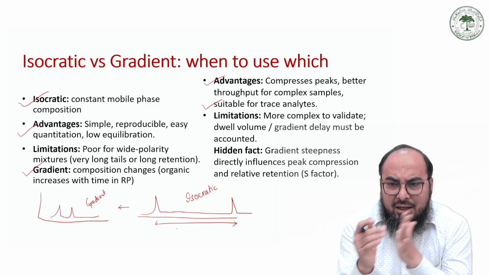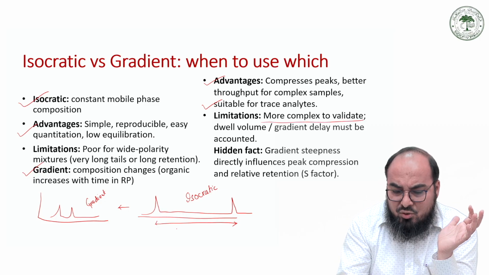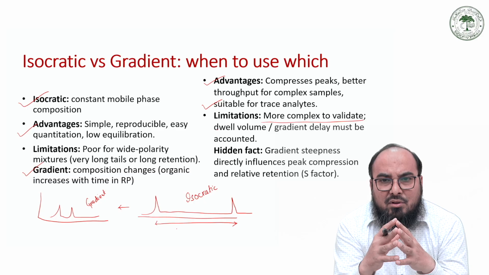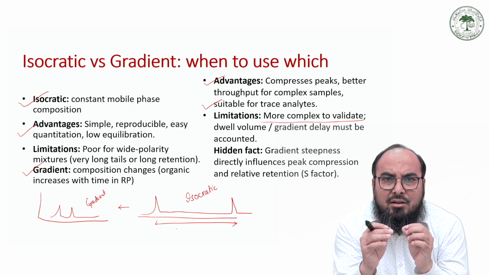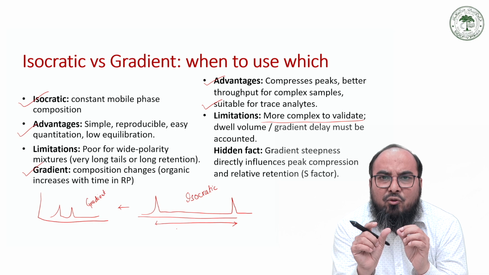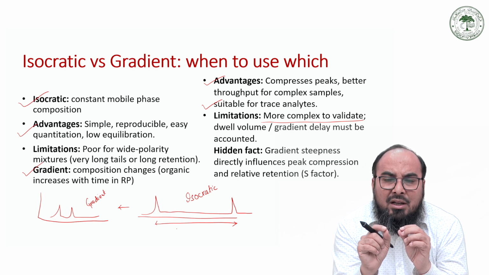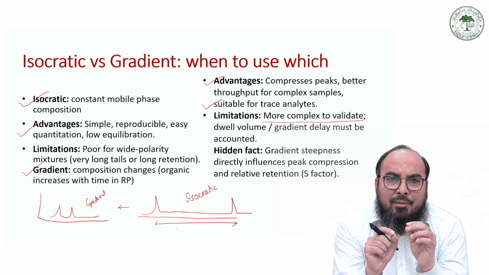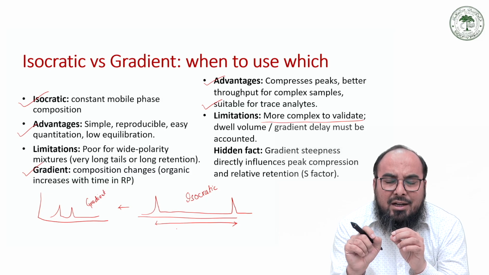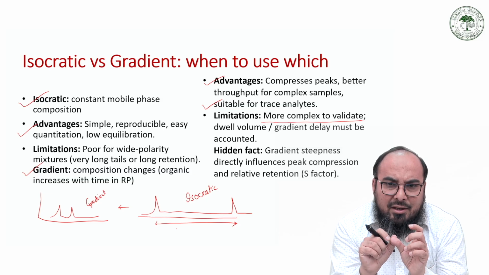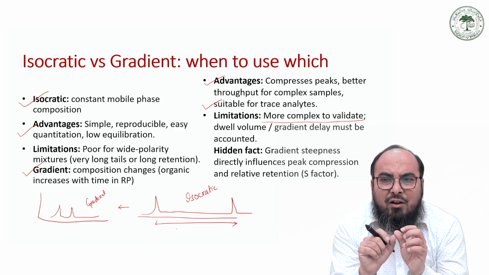But the limitation is that it is more complex to validate, and you have a dwell volume. Sometimes dwell volume also comes into play. That dwell volume is the volume of the mobile phase from the point of insertion of the mobile phase up to the point where it reaches the column.